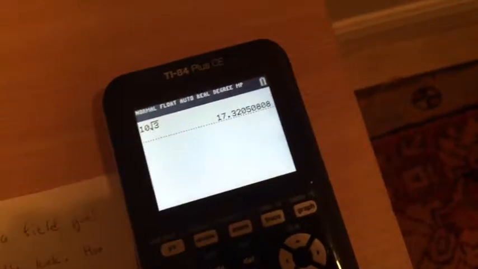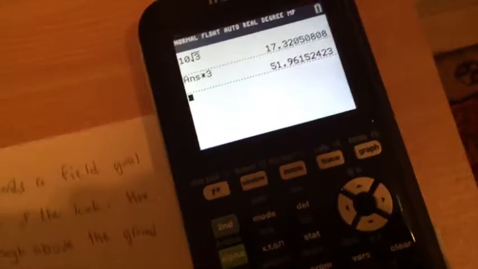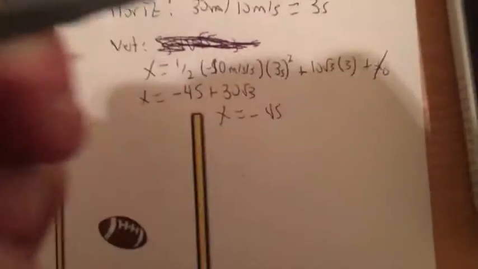And if we go to our calculator, 10 times the square root of 3 times 3 would give us 51.96. So we have x equals negative 45 plus 51.96.